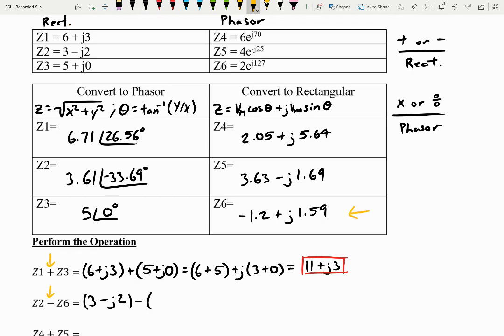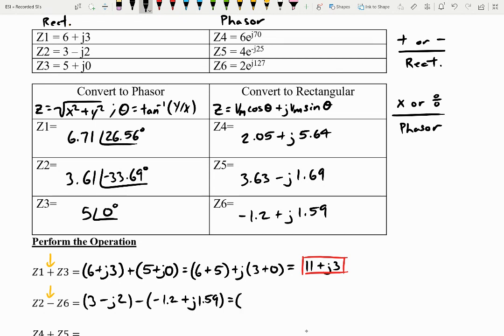Done in the previous video, we're going to use the rectangular form of z6, where originally we had phasor. Turning it into rectangular makes it an easier problem. Z6, so we'll have minus 1.2 plus j1.59.